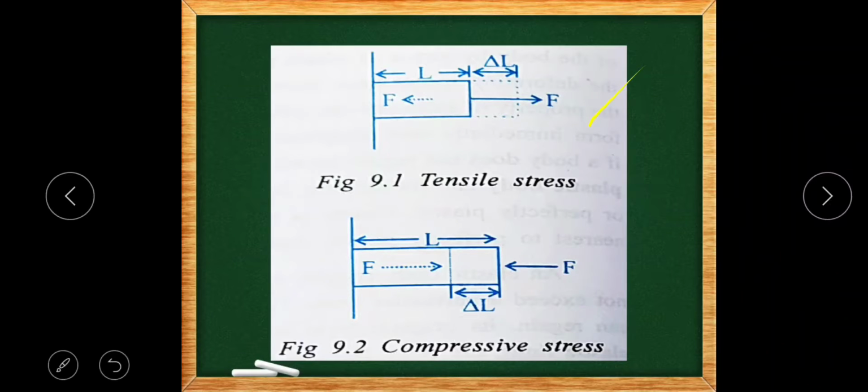Here, the original length of the body is L. When the deforming force is applied, the length increases to L plus delta L. Here, delta L is the small increase in length. Such a type of stress is called tensile stress.